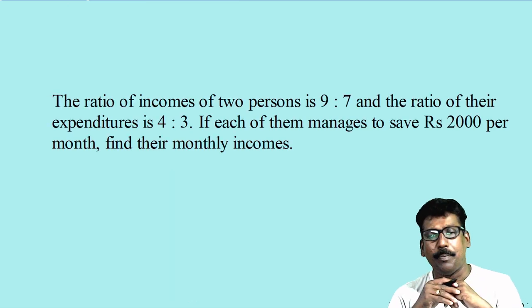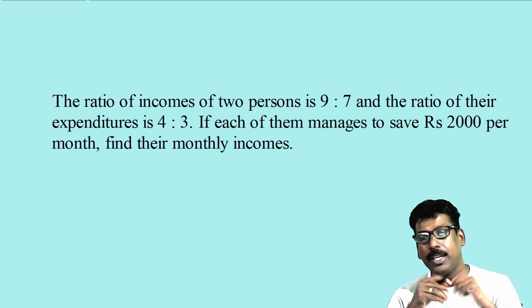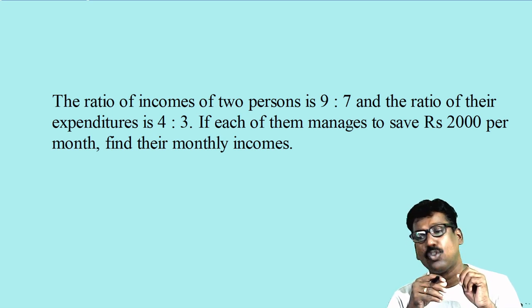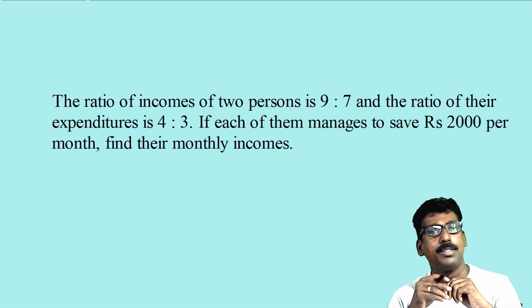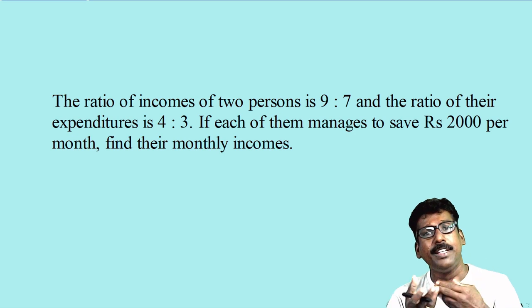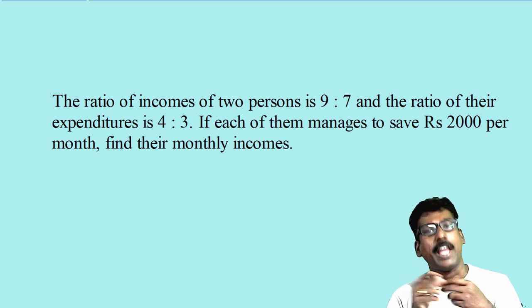Here is the problem. The ratio of incomes of two persons is 9:7 and the ratio of the expenditures is 4:3. If each of them manages to save rupees 2000 per month, find their monthly incomes. Here, instead of giving incomes of two persons, it is given as the ratio 9:7.